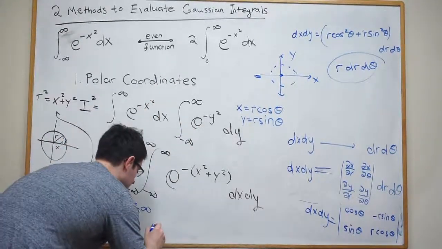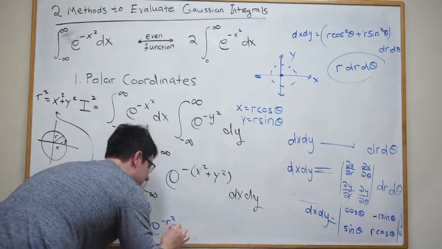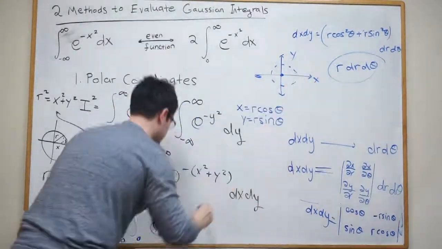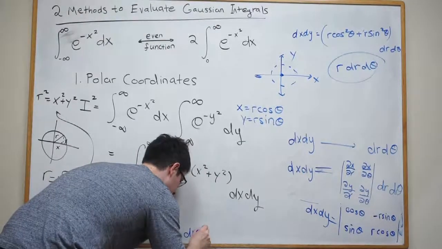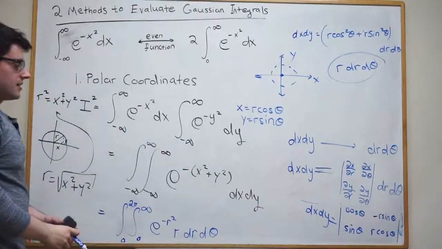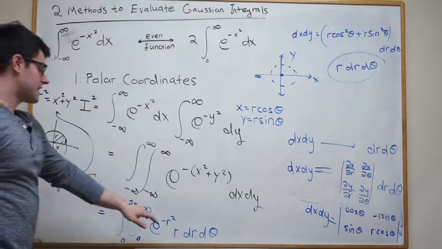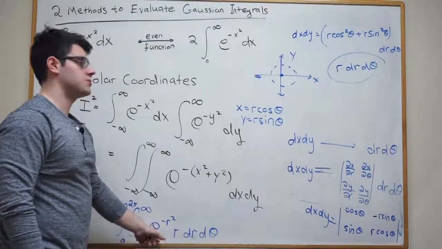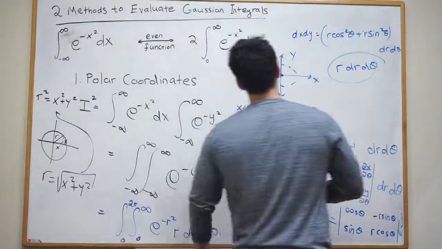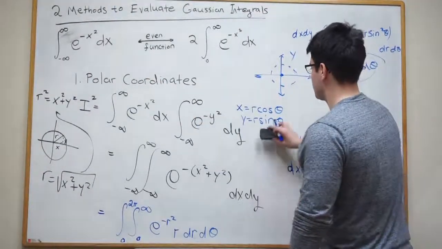So now we have e to the minus r squared. Our Jacobian is r dr d theta. Okay, so now we've taken an integral that we couldn't do, and we've taken it to an elementary integral that we can just do u substitution on. So now, I'm just going to erase this stuff.